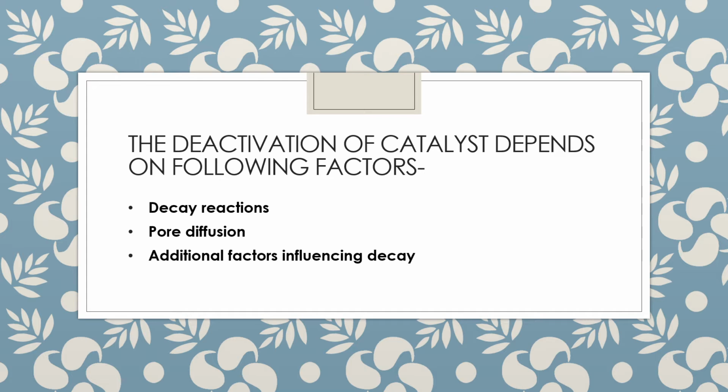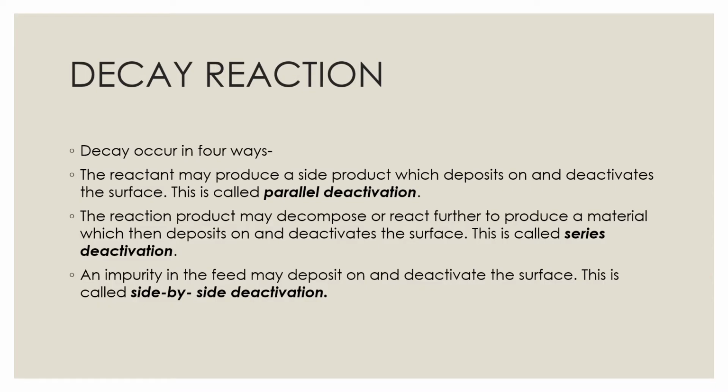Moving on, the deactivation of catalyst depends on the following factors. There are three factors that mainly affect the deactivation process of a catalyst. First is decay reactions, second is pore diffusion, and the third is additional factors that influence the decay. Now we're going to study these three in a deep manner.